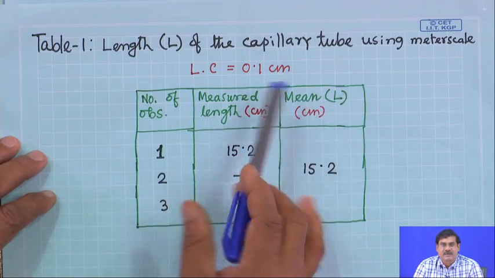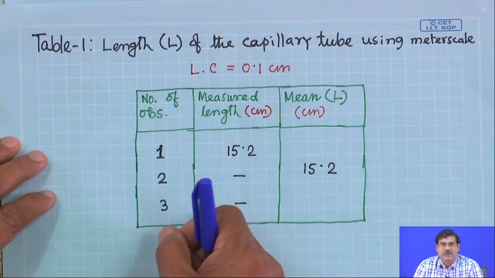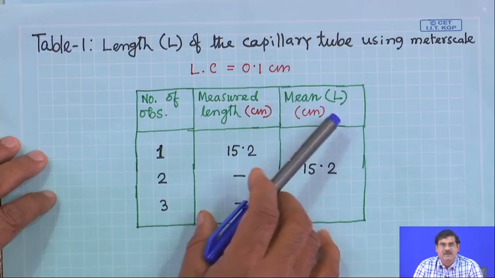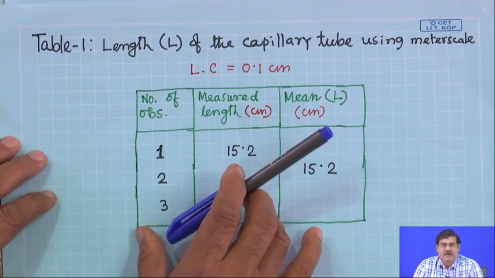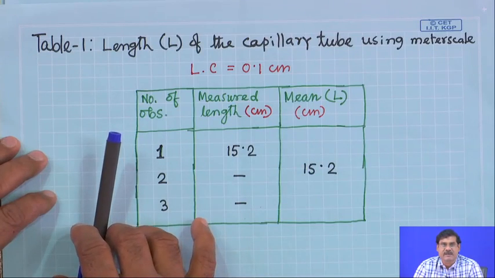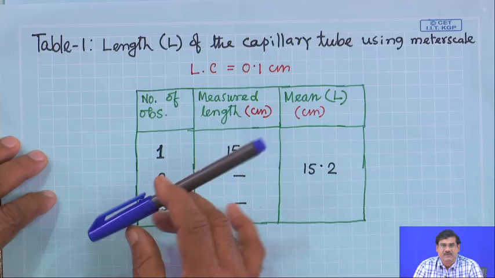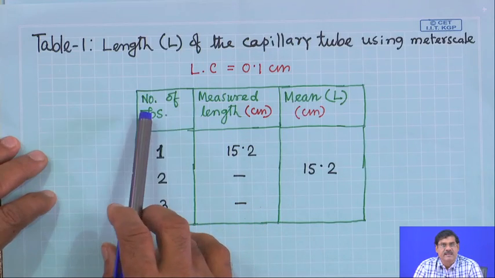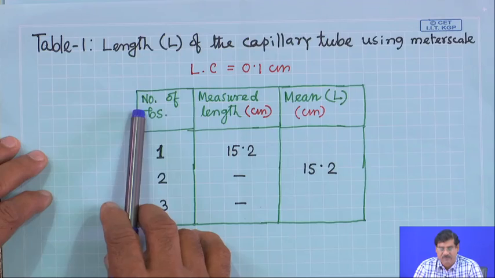It is always difficult to detach it and measure the length or radius of that tube, so exactly the same tube is kept separately. That tube we have used for measuring length and radius.